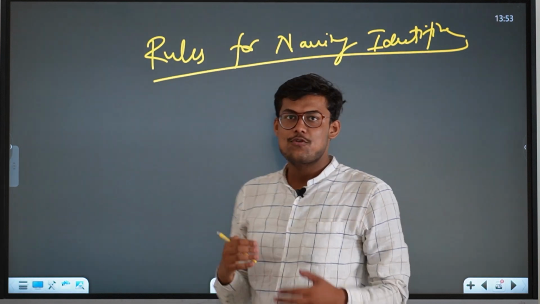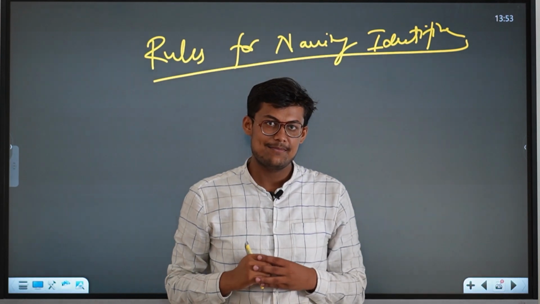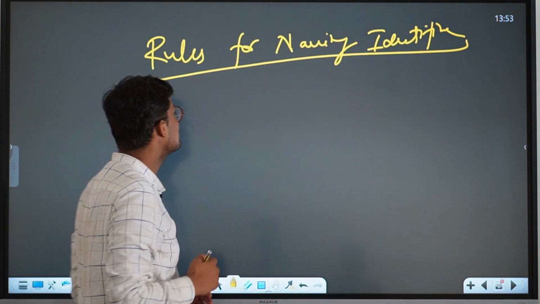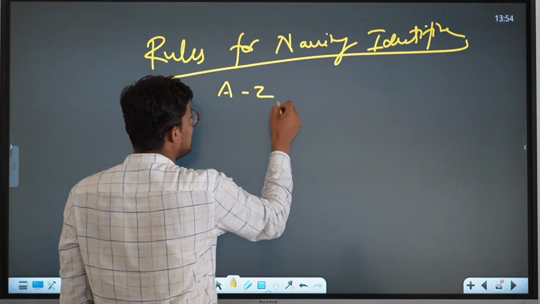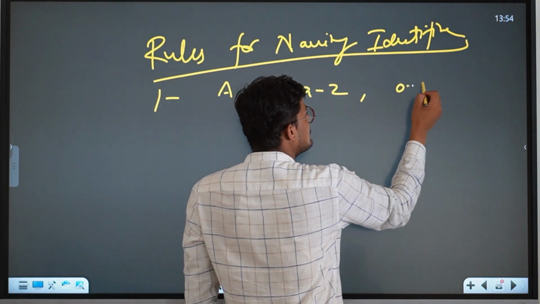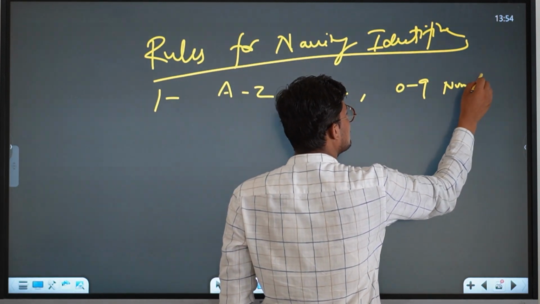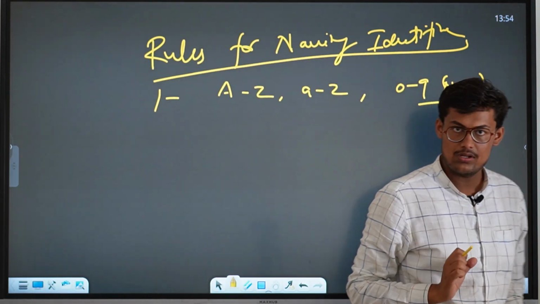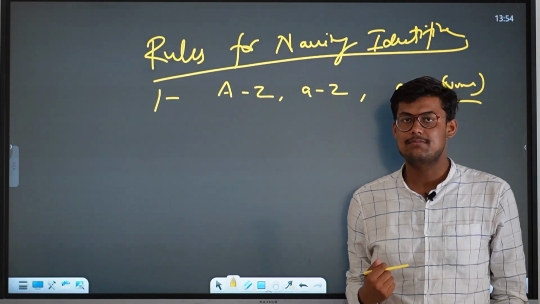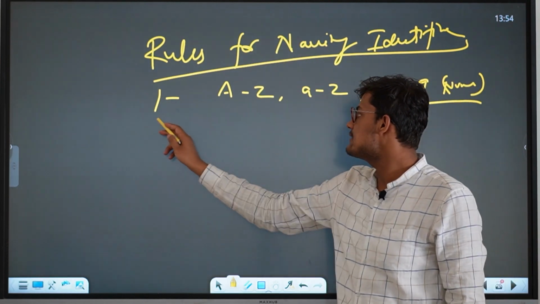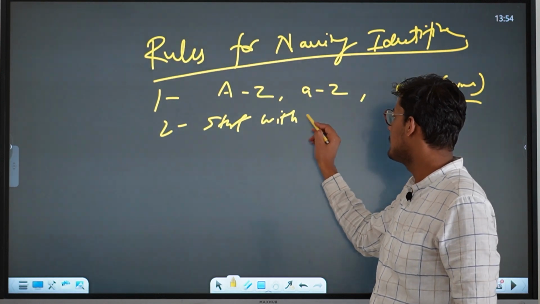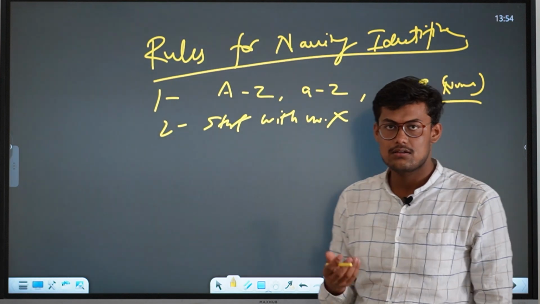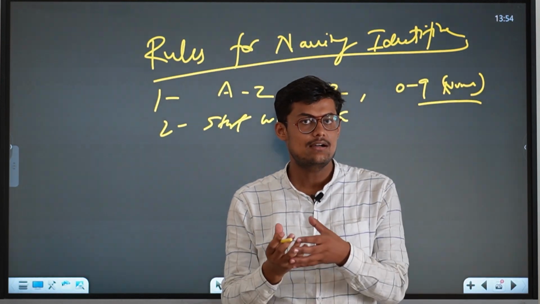Our first rule is what we can use to name these identifiers: capital A to Z, small a to z and the numbers 0 to 9. These are allowed while naming a variable. The second rule says we cannot start a variable name with a number.